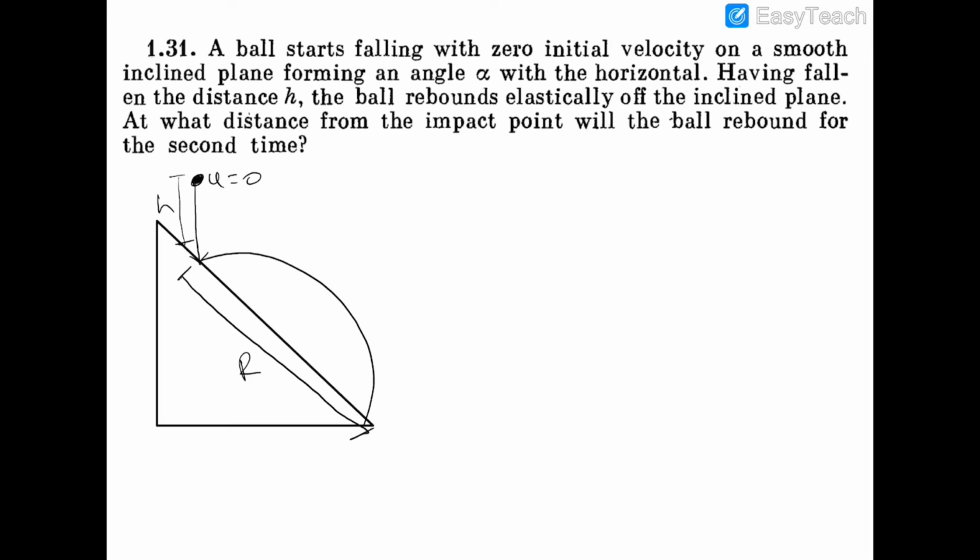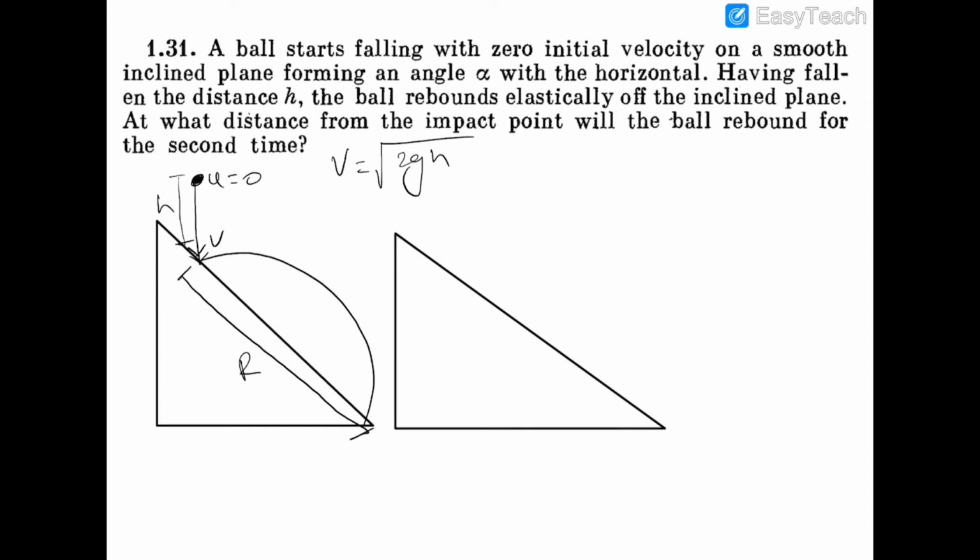So obviously, first of all, we know that this velocity is V, and V would be under root of 2gh. And we know that after collision, the component of velocity in the perpendicular direction will just reverse itself.